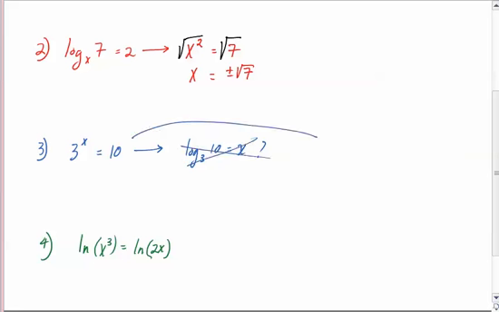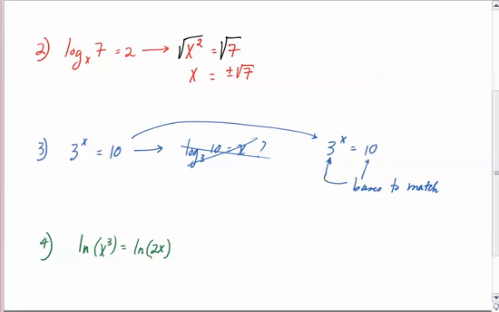So here's what we're going to do next. Can I get the bases to match? Because that's the only thing we have in our little toolbox here.